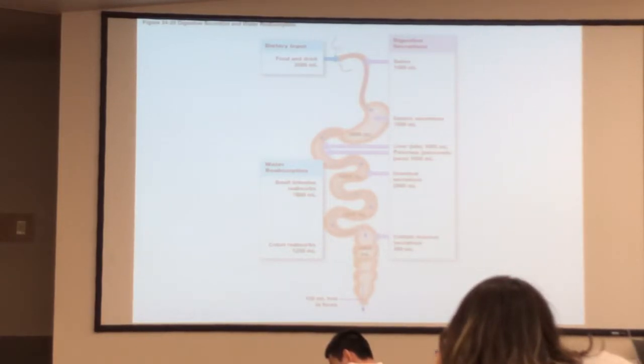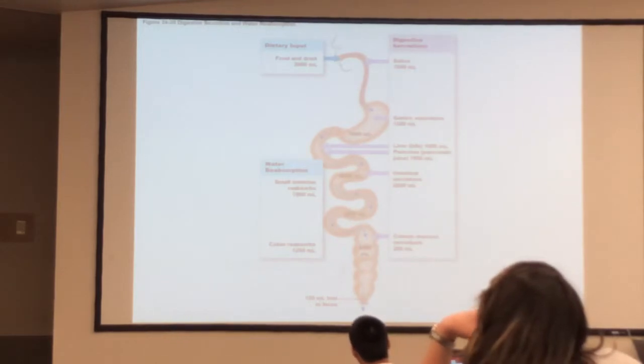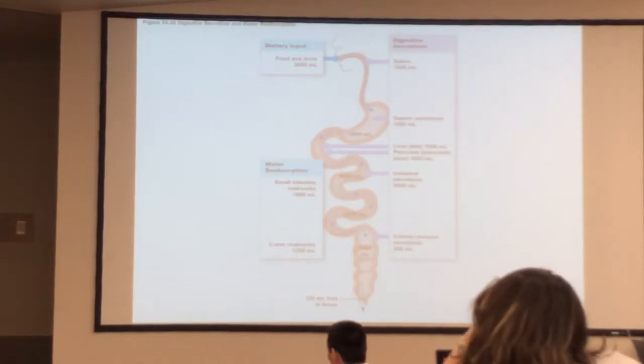So when it reaches the small intestine, the beginning is 9,000 ml. At the end of the small intestine, the ileum, we take out roughly 8,000 ml. And only the last part, 1,200 something, is absorbed by the large intestine. Then we lose some of it.